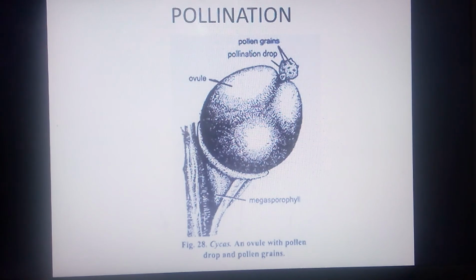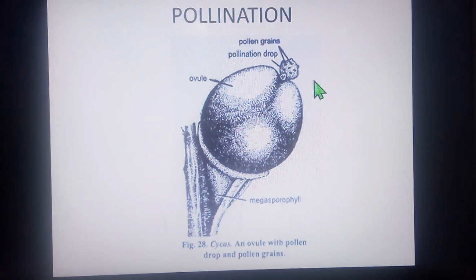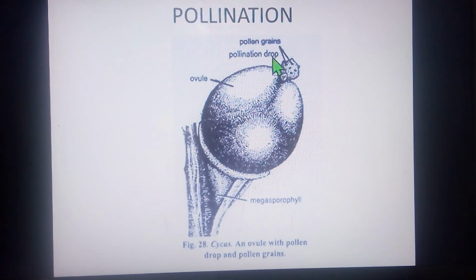So at the time of pollination, how does that happen? At the time of pollination, a mucilaginous liquid drop, or what we call a pollination drop, oozes out at the micropylar end of the ovule. This is the micropylar end of the ovule. This is the ovule.